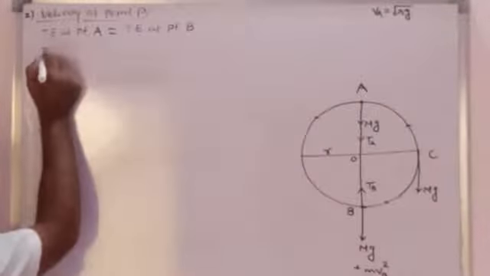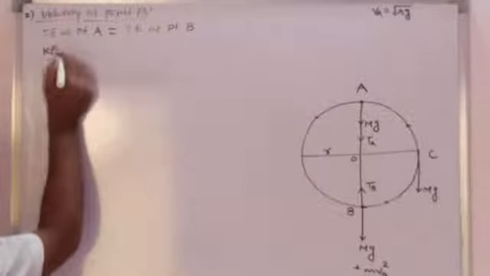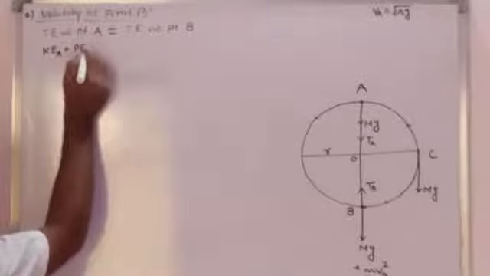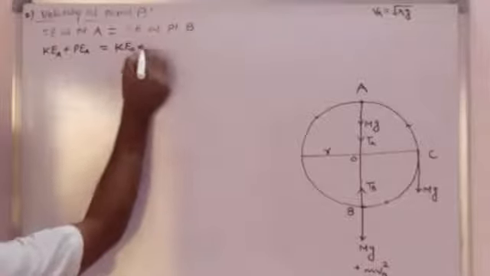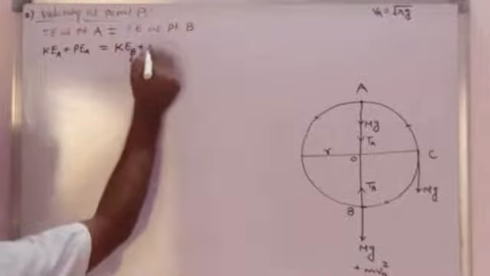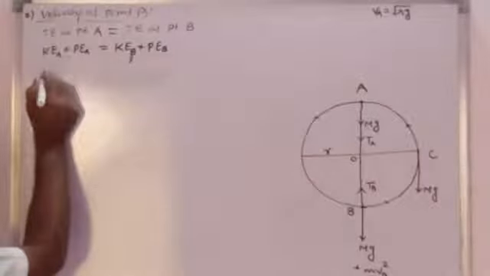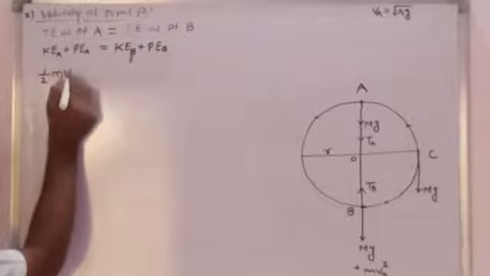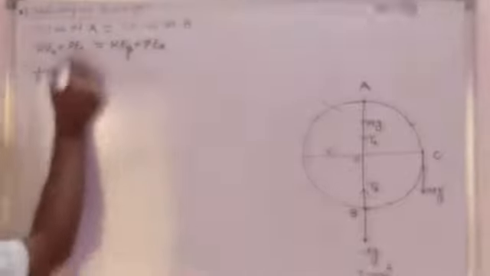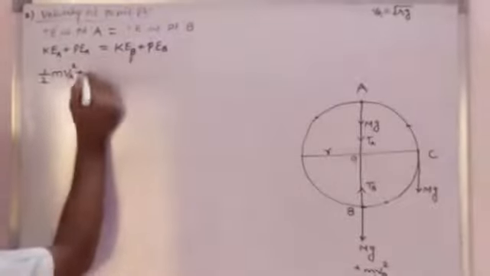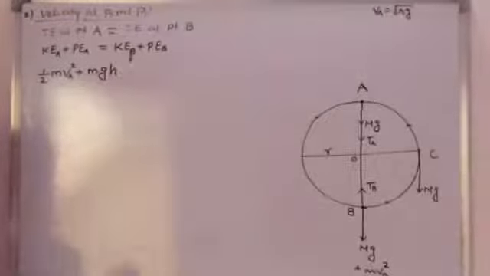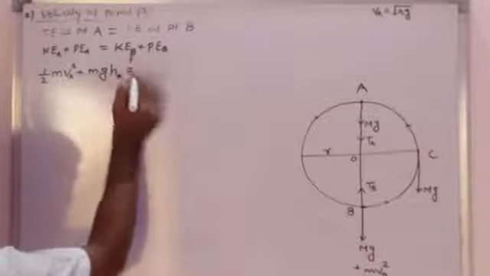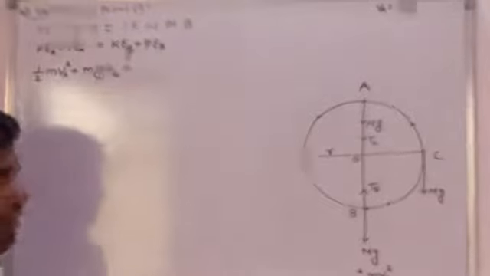So this is kinetic energy at A plus potential energy at A is equal to kinetic energy at B plus potential energy at B. Now kinetic energy at A means half mVA square plus potential energy at A means mgh of A, height of the particle A from the lowest position.